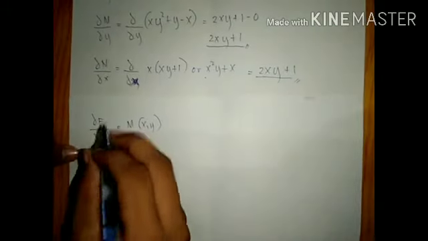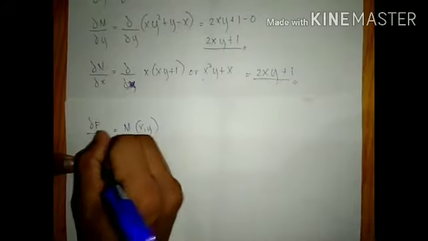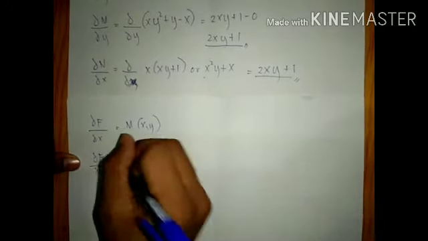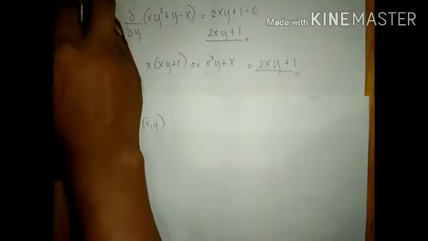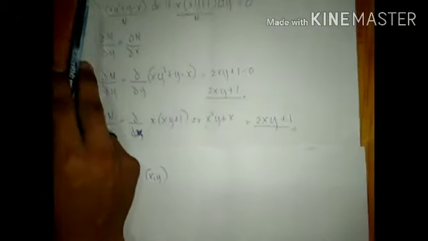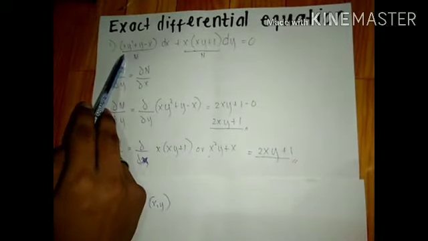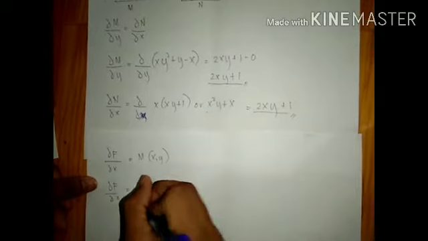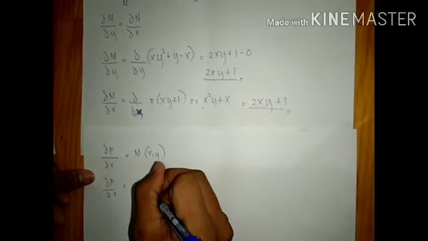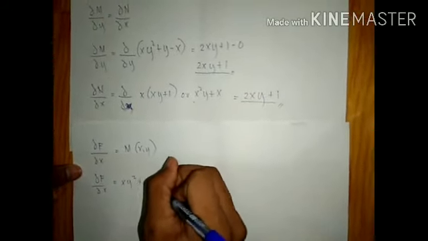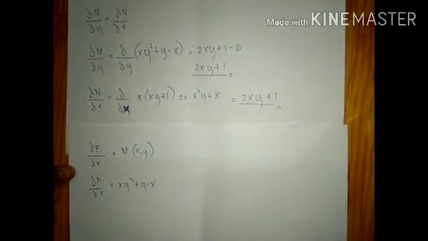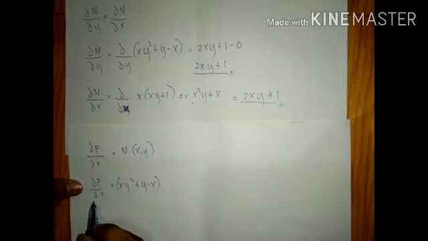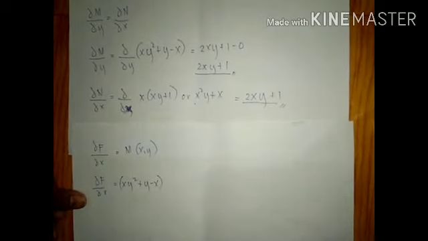So our partial f with respect to x equals our M, which is x times (xy squared plus y minus x), and then we multiply it by partial x or dx.